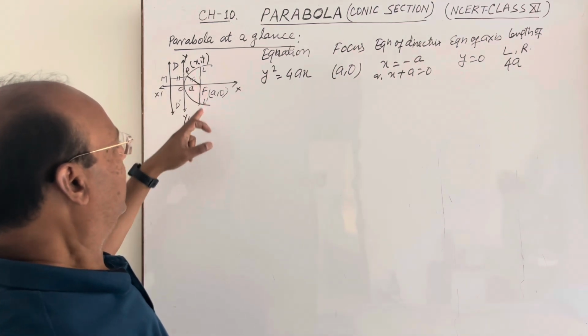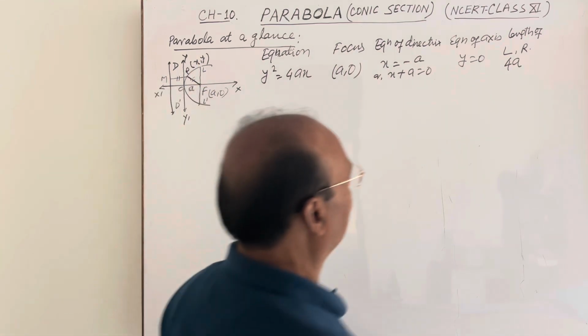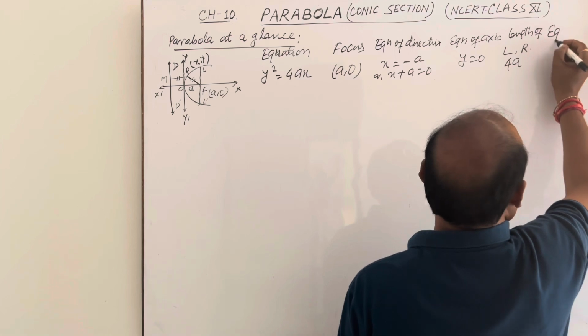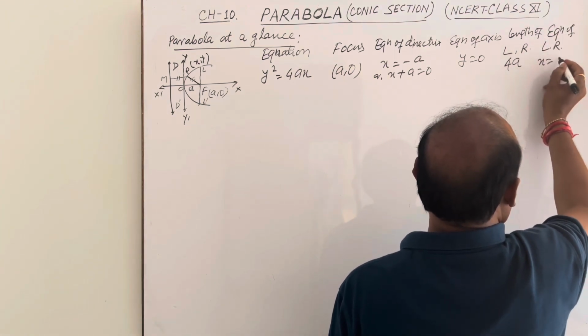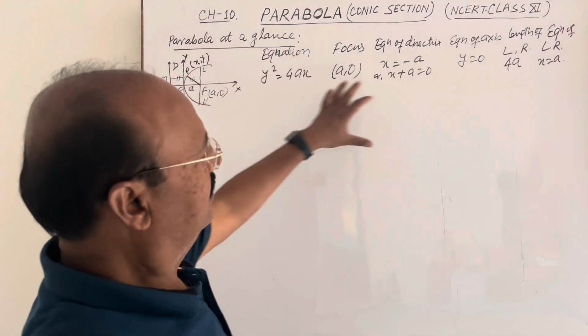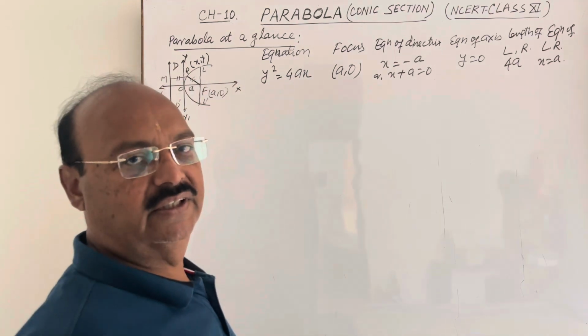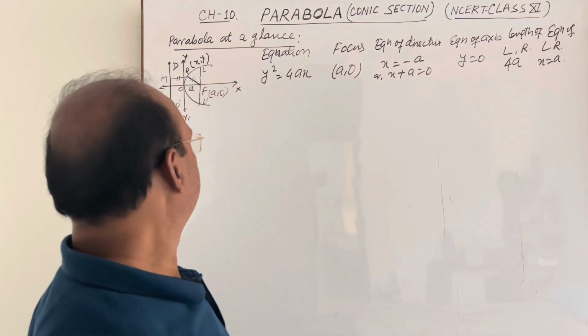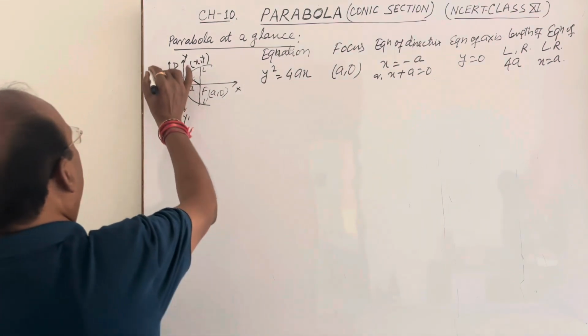So the equation of latus rectum is x is equal to A. In a nutshell, these are the important facts about this parabola. This is type 1.